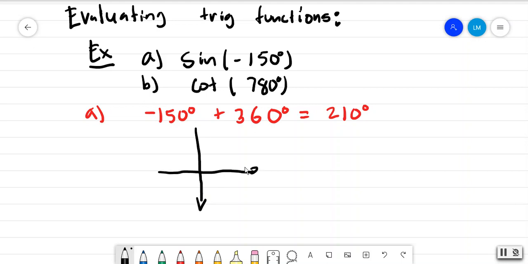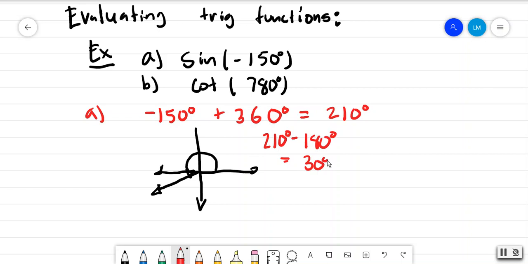And you don't have to draw these all the time. So 210 goes like that, and we know that 210 minus 180 is going to equal 30 degrees.